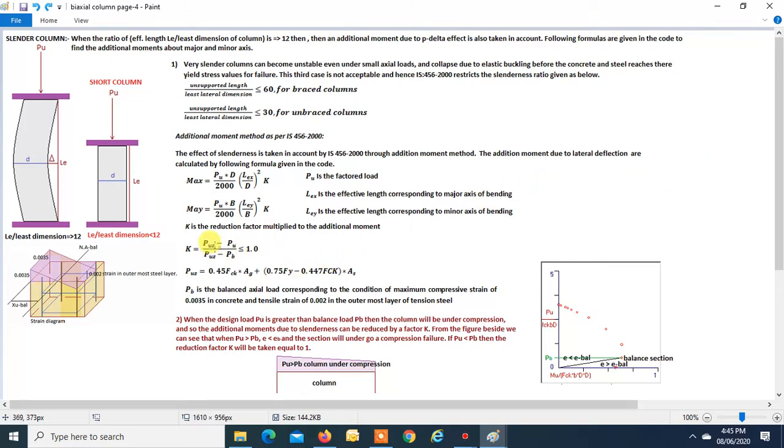Factor K is found by this formula: PUZ minus PU divided by PUZ minus PB. PB is the balance load, that is, about the major axis it will be PBX, and about the minor axis it will be PBY. PUZ, as we know, is found by this formula. So let's proceed.